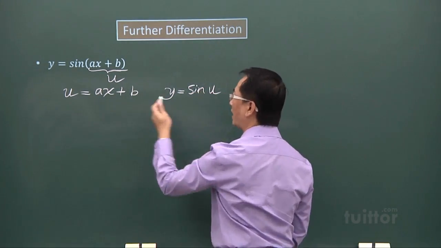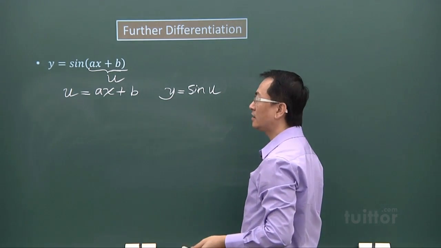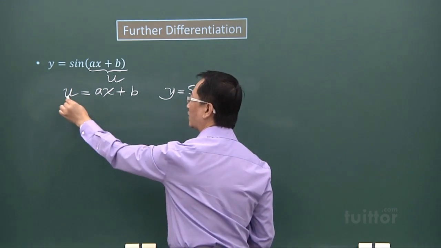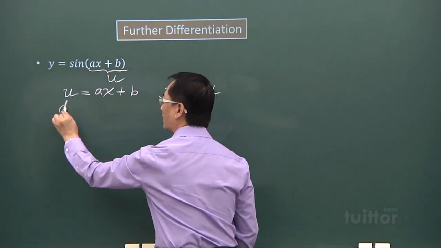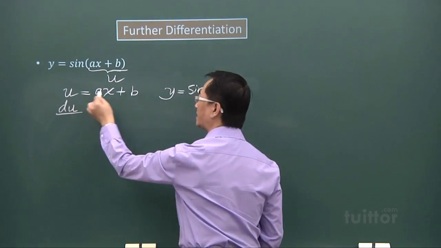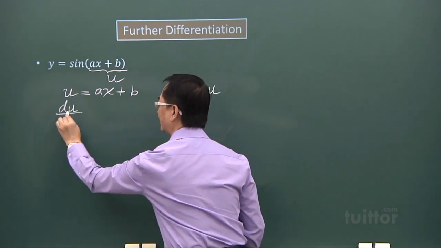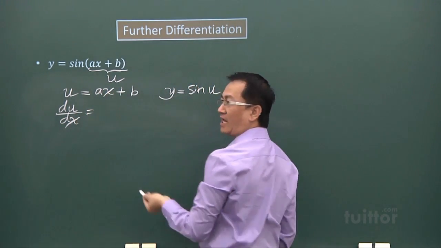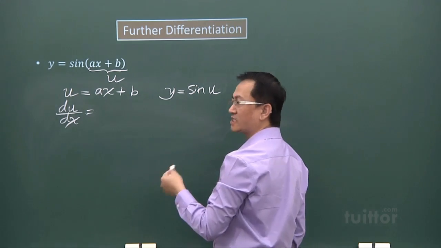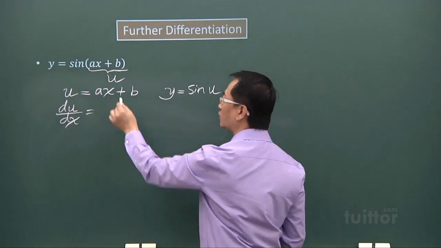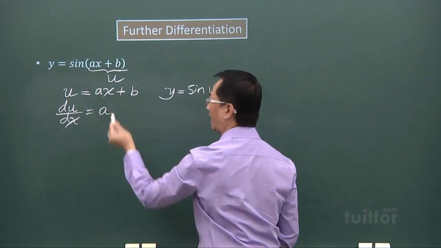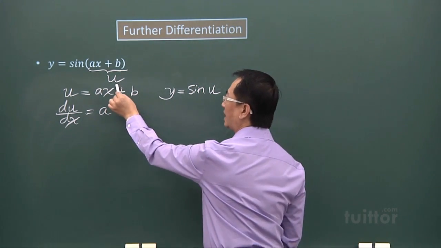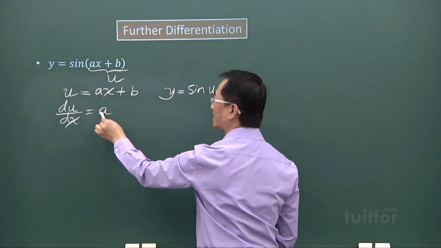You have two equations now. So to differentiate the u expression, because the subject here is u, so you have du over dx, and u is in terms of x. This is an x term. The simple way to remember is drop the x, keep the a. If you like to think of it the proper way, index 1 multiplied to a is a.